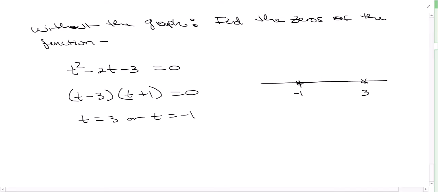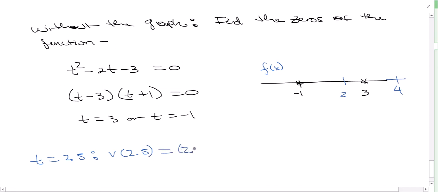So the question is, our interval is from 2 to 4. So we want to know, what is the function doing here? Is it negative at any point? Just pick yourself a test point and see. Between 2 and 3, put t equals 2.5 into the original function and see what kind of value you get.